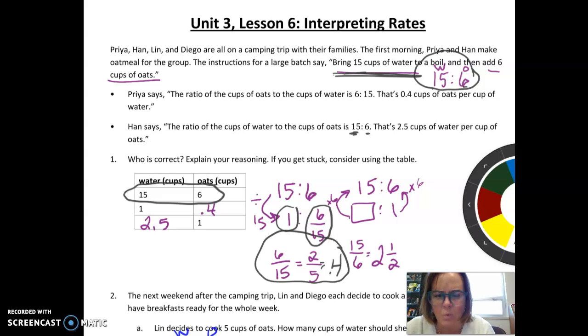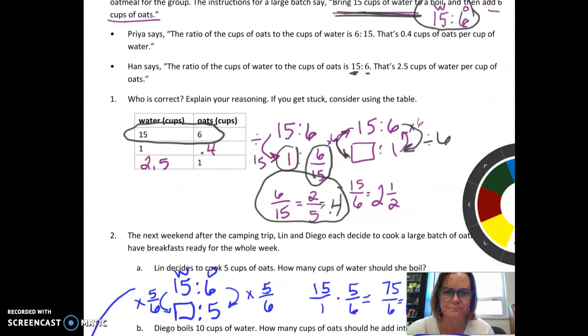For every 1 cup of water, it's 4/10 of a cup of oats. And then Han looked at it the other way, and so he wanted to figure out for every 1 cup of oats, how many cups of water. So to get from 6 to 1, we would divide by 6. And so here we would divide 15 by 6 and get 15/6, which is 2.5 cups of water for every cup of oats.